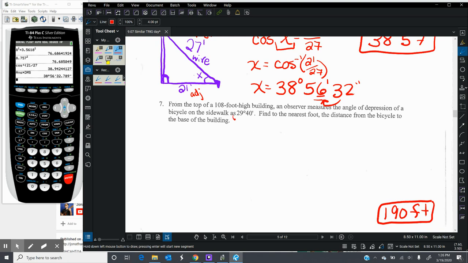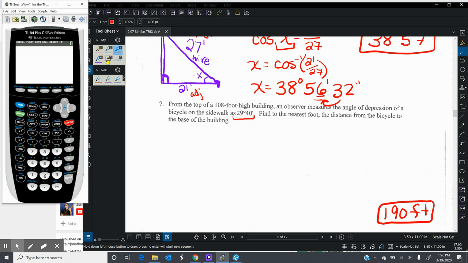When you have to type in your 29 degrees and 40 minutes, let me just show you. 29, and in your angle menu, you can put in the degrees, and then the 40, you would type 40, second apps, and put in your minutes.